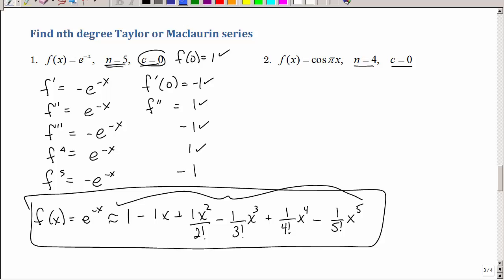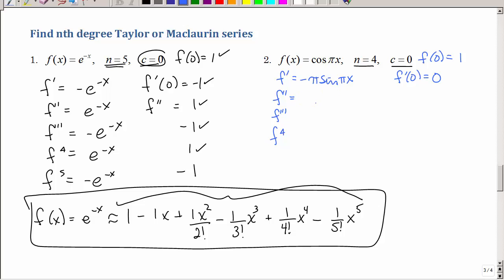Okay, looking at the second example, we would go through the same process. So our function evaluated at 0, the cosine of 0 is 1. So I need to find 4 derivatives. Remember about that pi. So the derivative of cosine pi x is going to be negative pi sine of pi x, and that derivative evaluated at 0 is going to be 0.